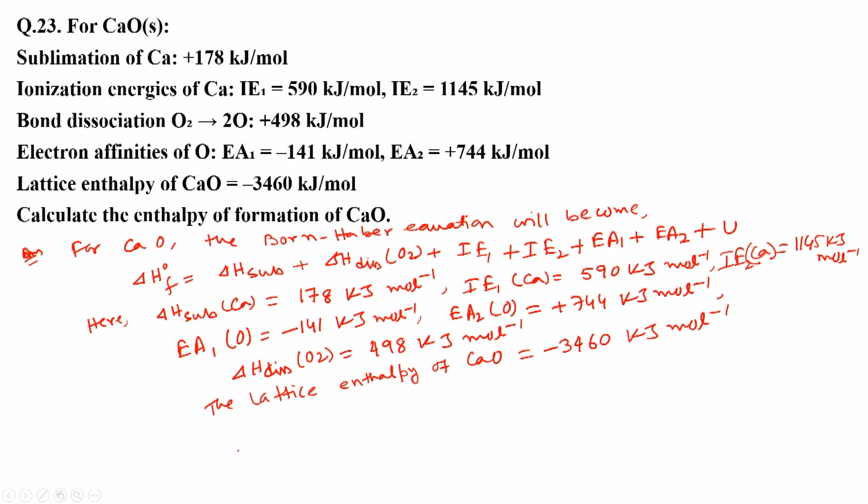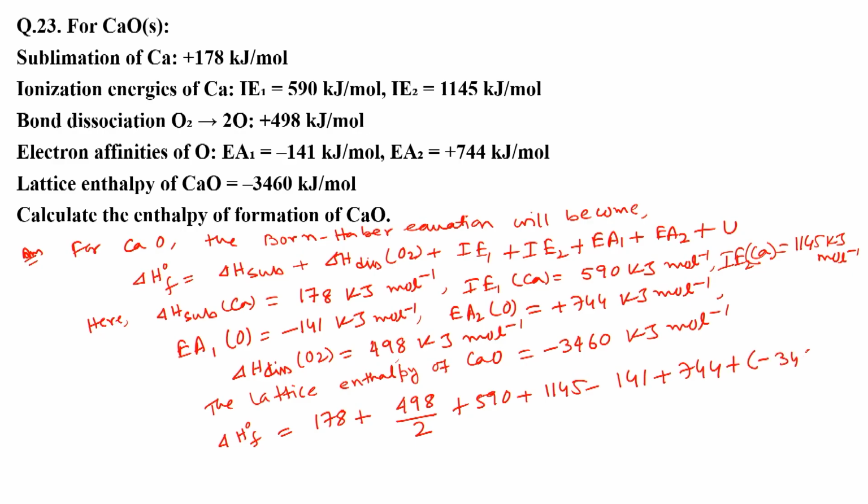Now you substitute all the values there, we get delta H naught F is 178 plus 498 by 2, because in CaO there is only one oxygen atom, and for O2 dissociation the value of delta H dissociation is 498, so it has to be divided by 2 here, plus 590 plus 1145 minus 141 plus 744 plus minus 3460.